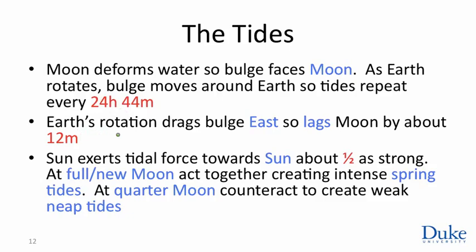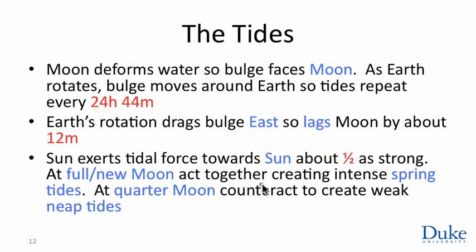The Earth's rotation drags the bulge to the east, so therefore it lags the moon. Like everything else in that image, the lag was way exaggerated. In fact, it turns out to be about 3 degrees or 12 minutes. Now, in addition to the moon, the sun exerts a tidal force directed towards the sun with about half as much strength as that of the moon.